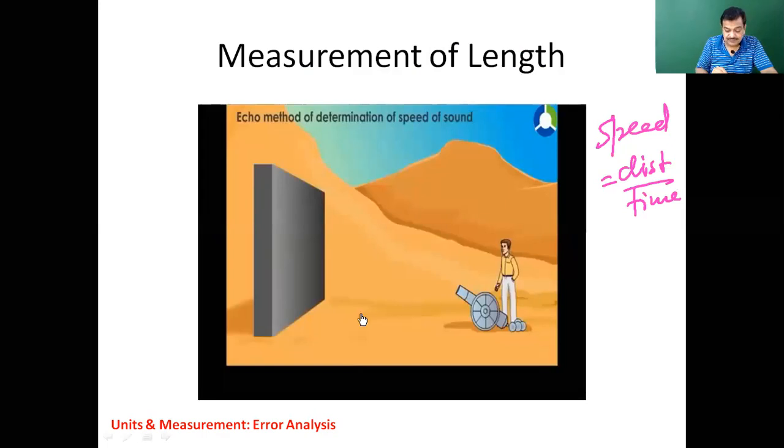Now look. Echo method of determination of speed of sound. This is the echo method, which can be used for determining the speed of sound.